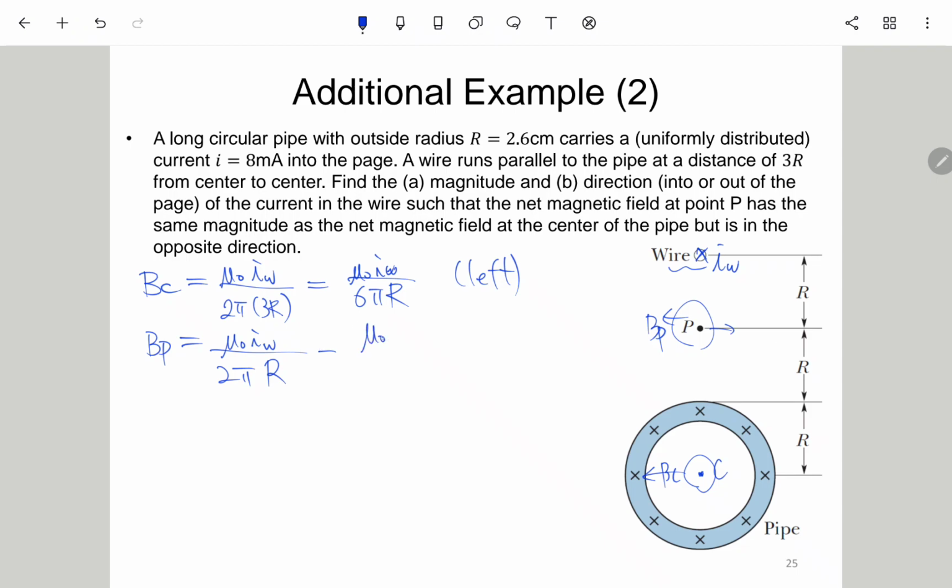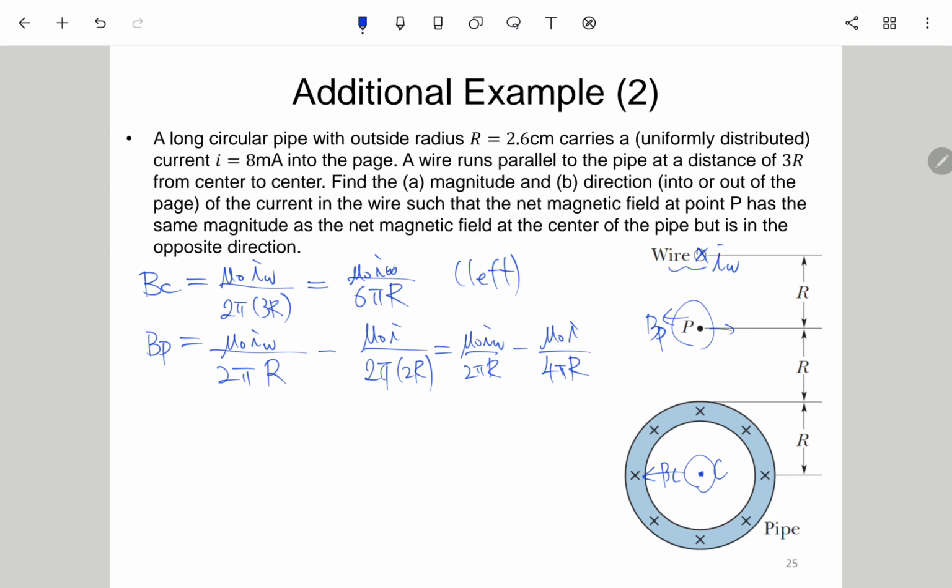So minus mu 0 I over 2 pi, and here we have 2R from the center up to this point P. So the overall expression will be mu 0 IW over 2 pi R minus mu 0 I over 4 pi R. Nothing special.